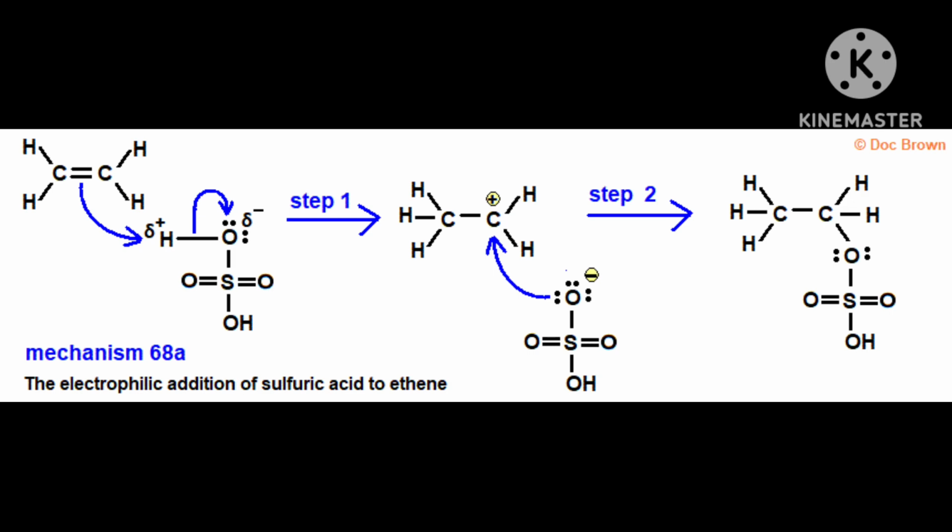This product is called 1-bromopropane, so it gives two products, 2-bromopropane and 1-bromopropane. 1-bromopropane is not the main product; its percentage is very low. The main product is 2-bromopropane, where the carbon has fewer hydrogens. Always remember, less number of hydrogen. This is called the Markovnikov rule.